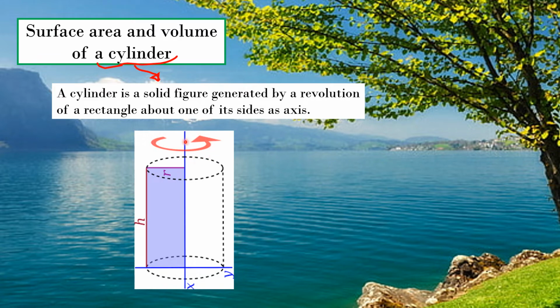Now, the rectangle generates a cylinder. Of course, the height is there, and this one is the width, which is the radius of the cylinder.